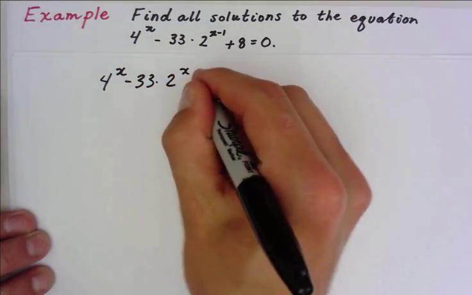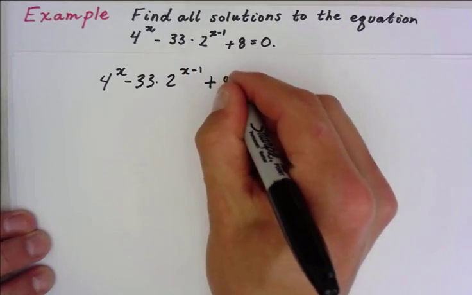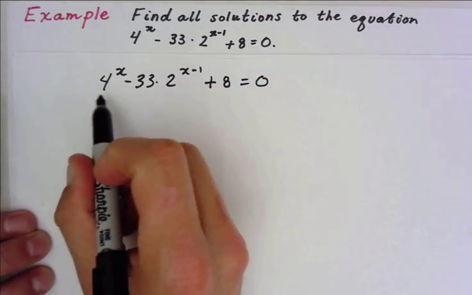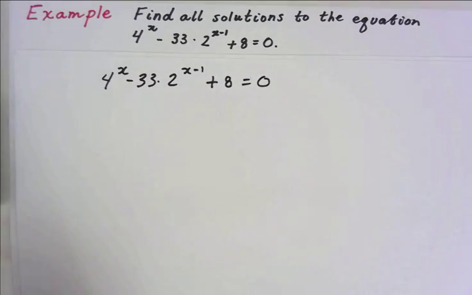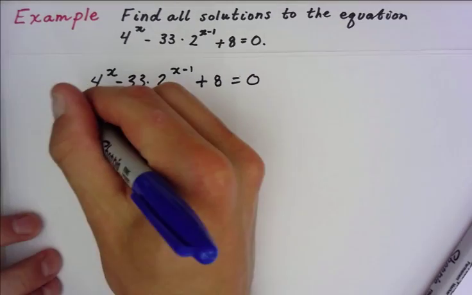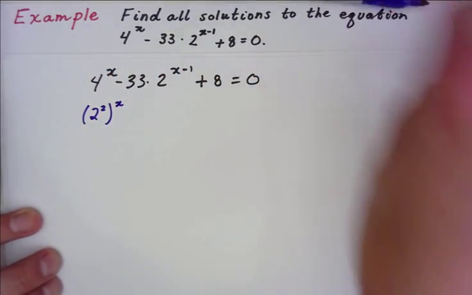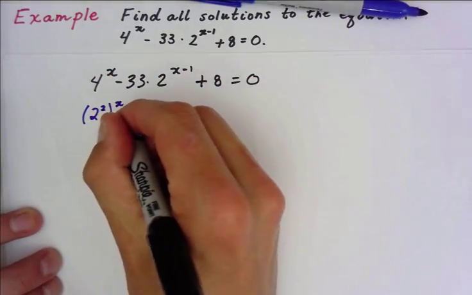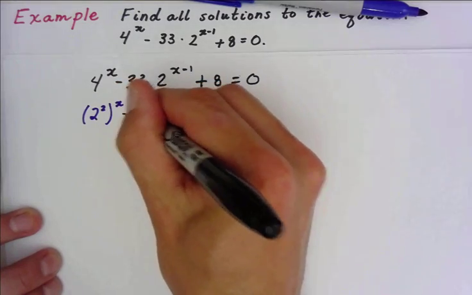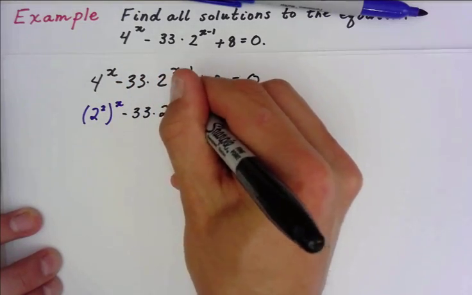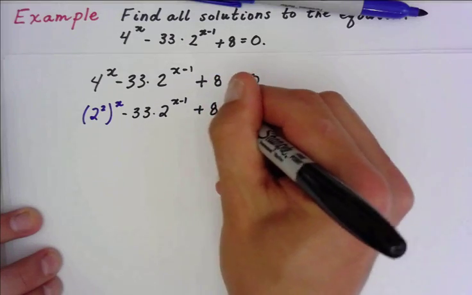First I'm going to look at rewriting this portion here. 4 to the x, remember, is simply 2 squared to the x, because 4 is 2 squared. So we have 33 times 2 to the x minus 1 plus 8 equals 0.